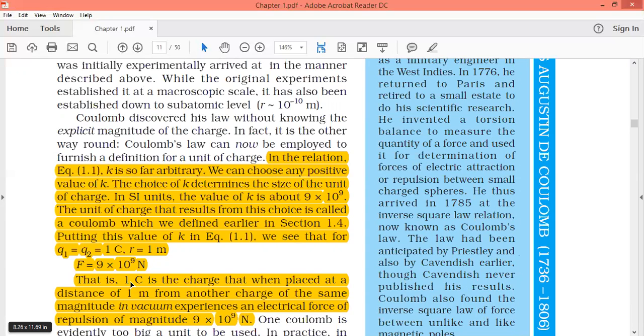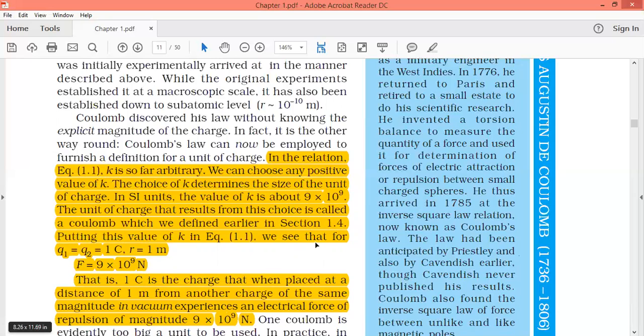The charge on 2 point charges will be 1 coulomb, which are placed at a distance of 1 meter from another charge of the same magnitude in vacuum. This is the formula we are using for finding the force between the two point charges in vacuum. Okay, they experience an electric force of repulsion of magnitude 9 into 10 power 9 newtons.